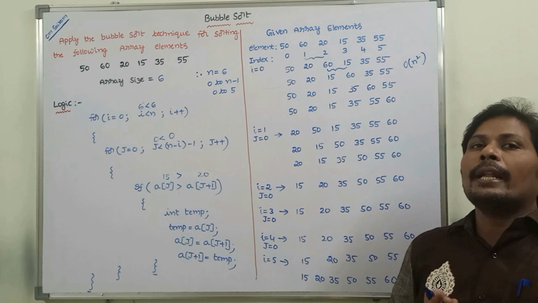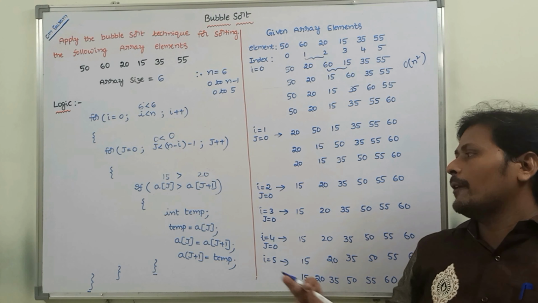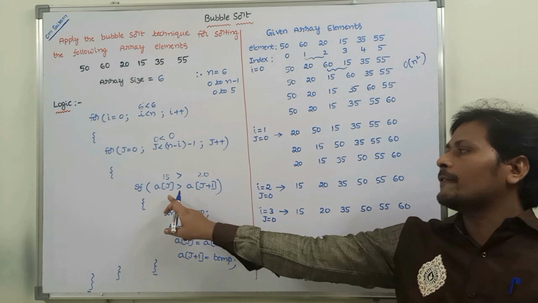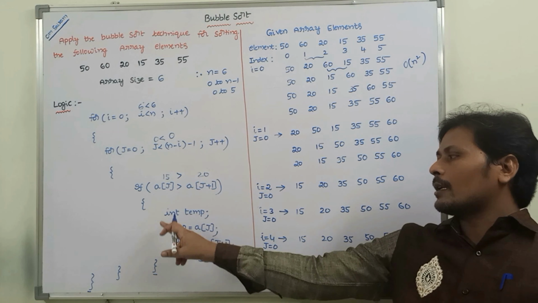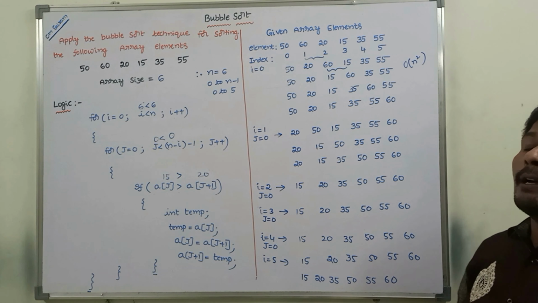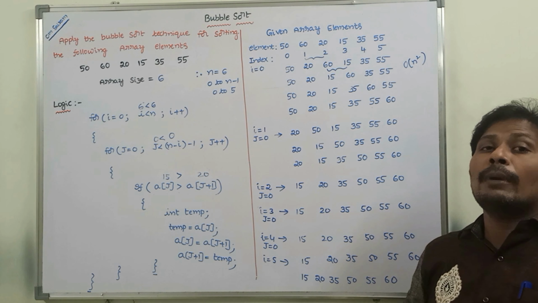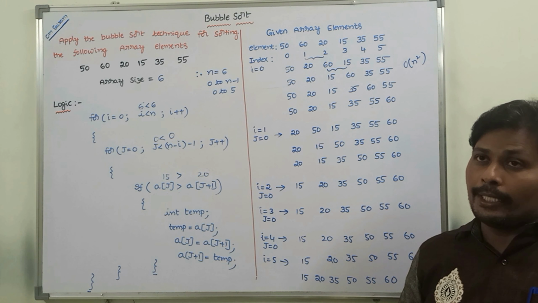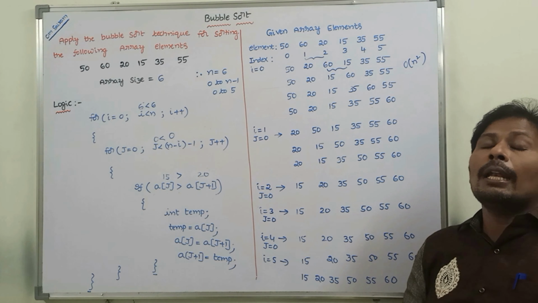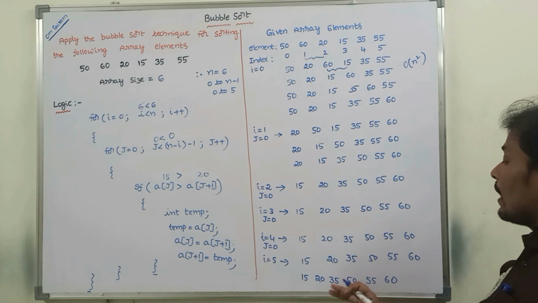We are comparing these two elements. If this condition is true, we are sorting the given elements. If this condition is false, we are not sorting them, which means they are already in sorted order. This procedure continues until all the given array elements are sorted.